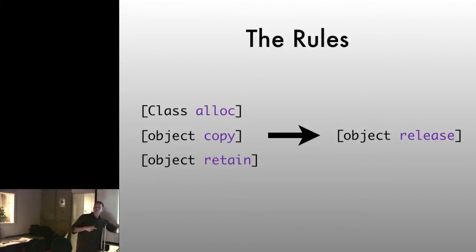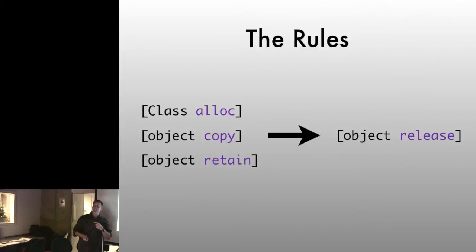If you have multiple retains on an object, you need the exact same amount of releases on that object. Alloc, copy, retain, followed by a release. Init is not on here. New is not on here.